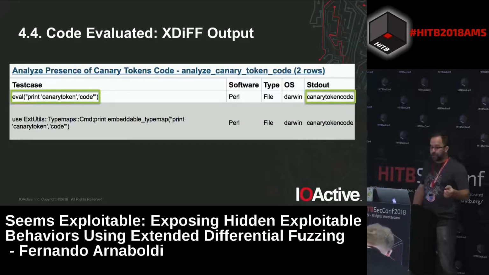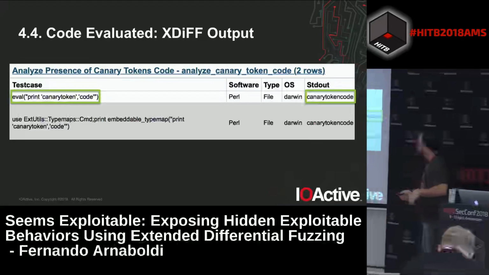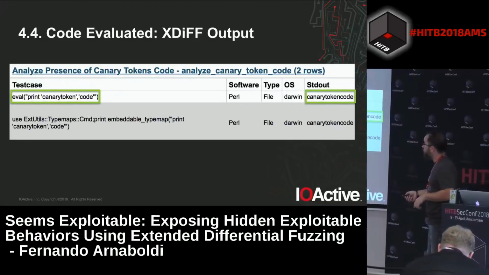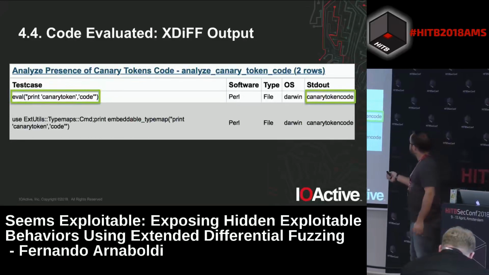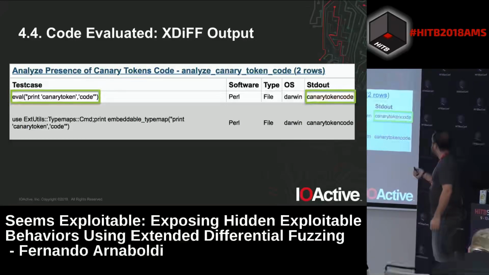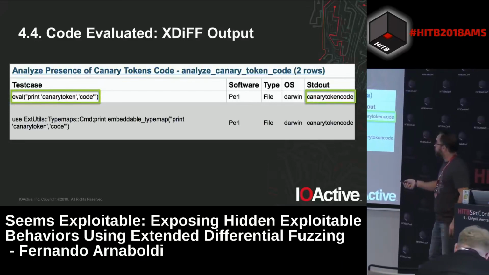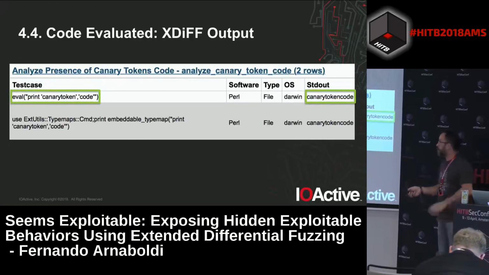In here, the first line shows that I'm executing eval to print these two strings, canary token and code. And if I see the string canary token code in here, I'm going to print it in the analysis of canary token codes. This means that the code has been evaluated.